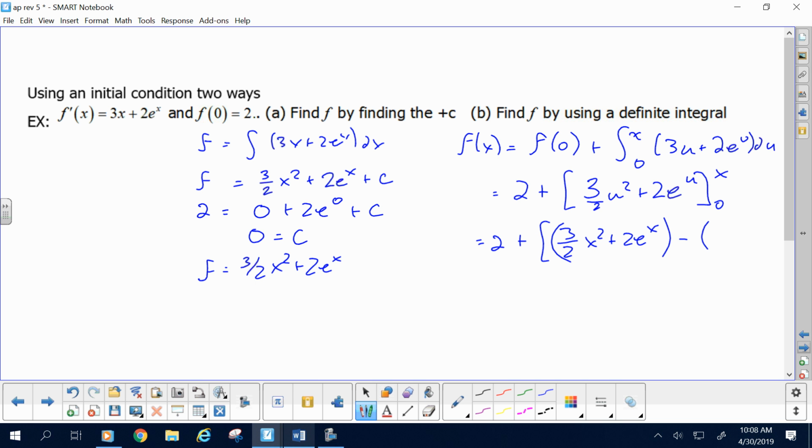And when 0 goes in, don't you get 0 plus 2e to the 0, or 2? So you can see then, the other way the 2 drops out and you get that same function. Either way, right? Right.